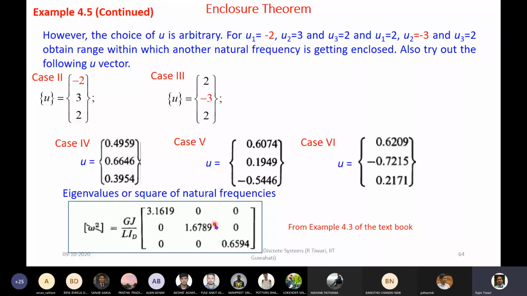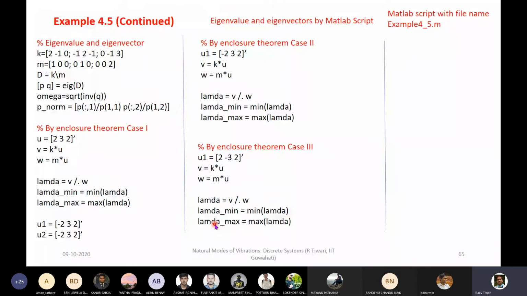And now I'm giving a small Matlab script, so that you can play with this. Like earlier, we have used this script to obtain the natural frequency using the conventional eigenvalue problem. So this is the K matrix. I have defined this 3 by 3 matrix.